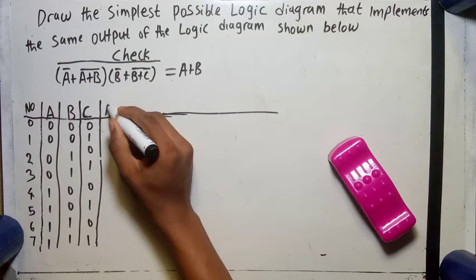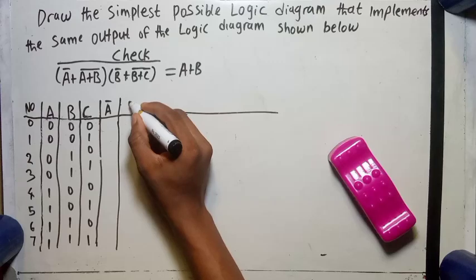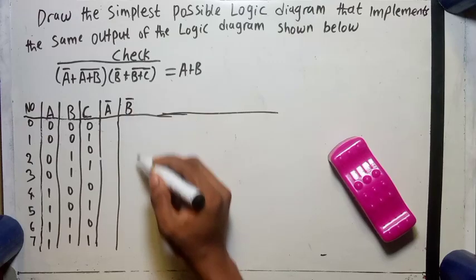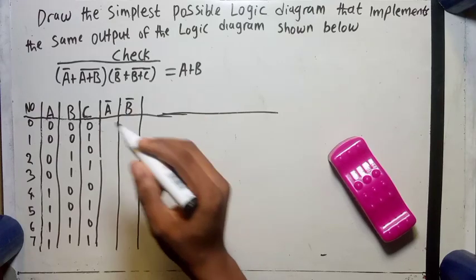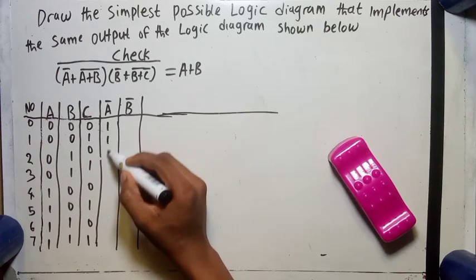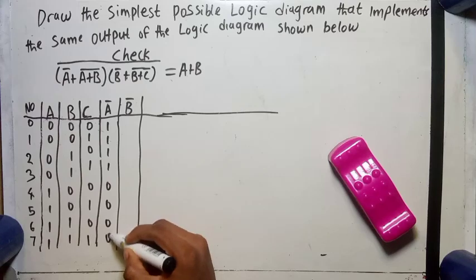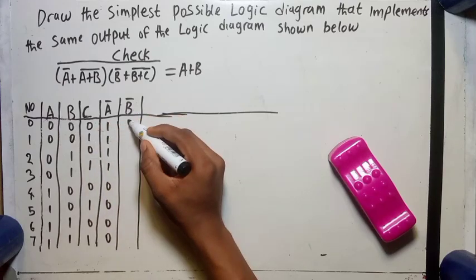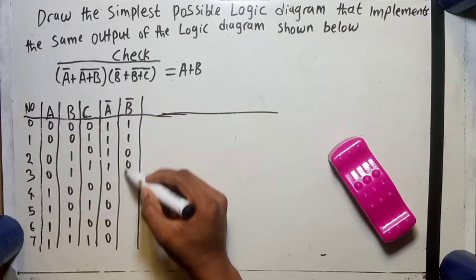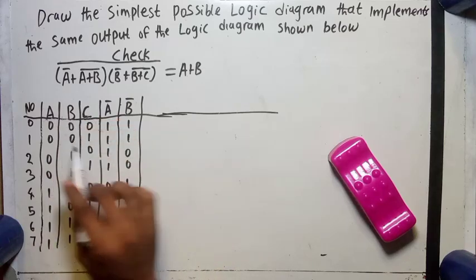So when we get A bar, this is going to be 4 ones and 4 zeros. B bar is going to be 2 ones, 2 zeros, 2 ones, 2 zeros. That is the opposite of what this is.